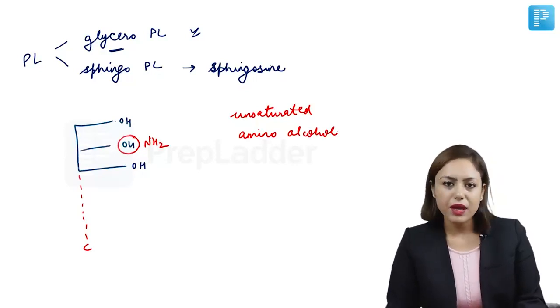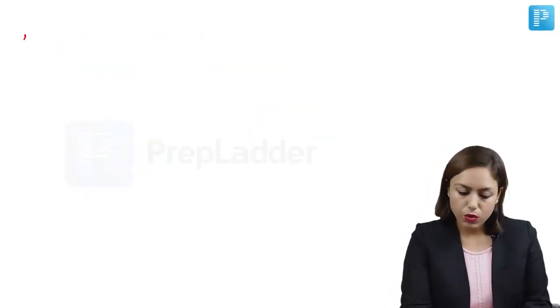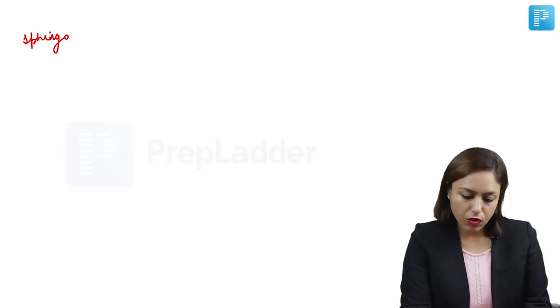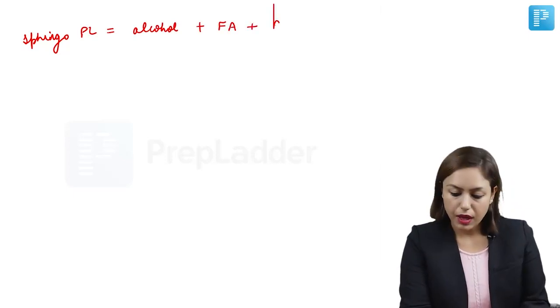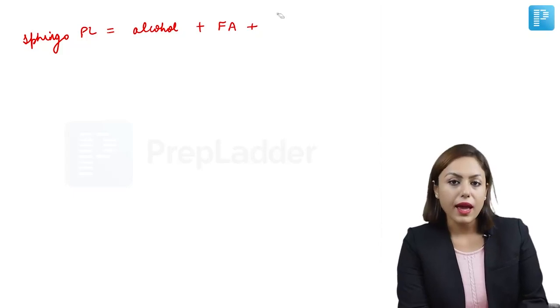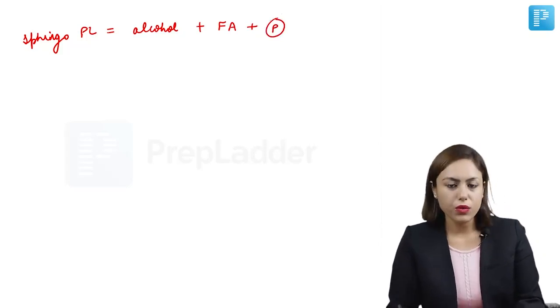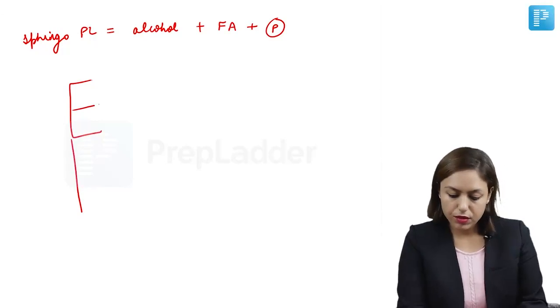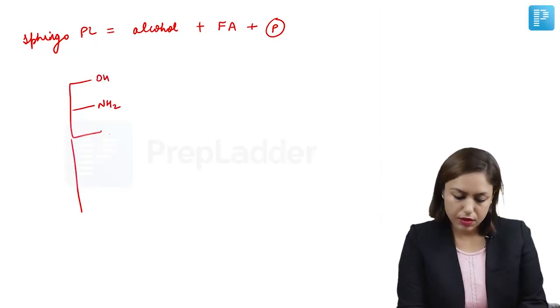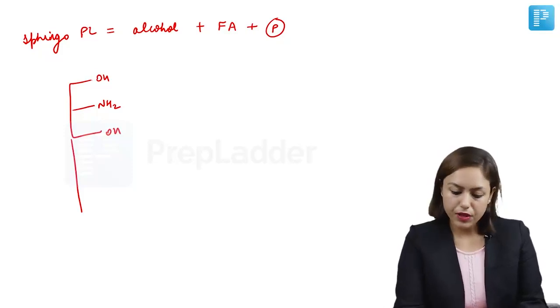Now let's make a sphingophospholipid. In a sphingophospholipid there is alcohol, there is fatty acid, and then there is phosphate. So the alcohol is sphingosine alcohol.